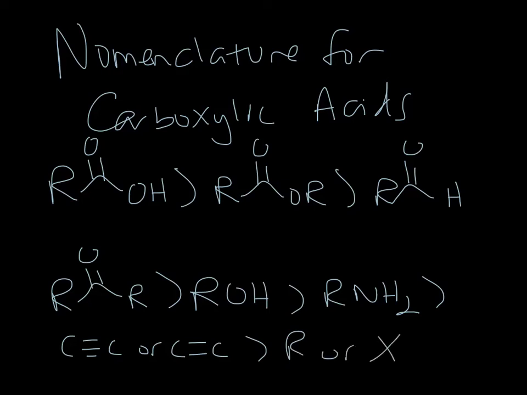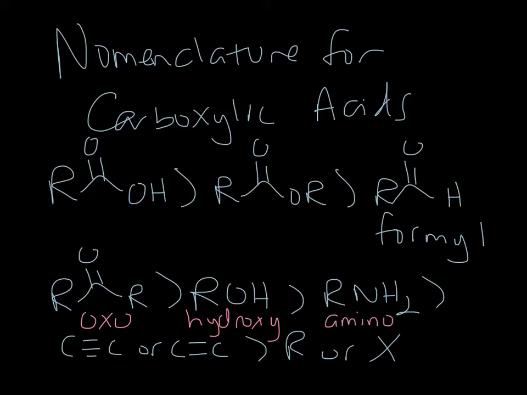So we're not going to name anything super crazy that has a ton of functional groups, but if we remember, the aldehyde as a substituent is a formyl group, the ketone is an oxo group, the alcohol is a hydroxy, the amine is an amino group, and then we know how the root name changes, yne and ene for triple bonds and double bonds, and then R or X we're used to naming as substituents now.